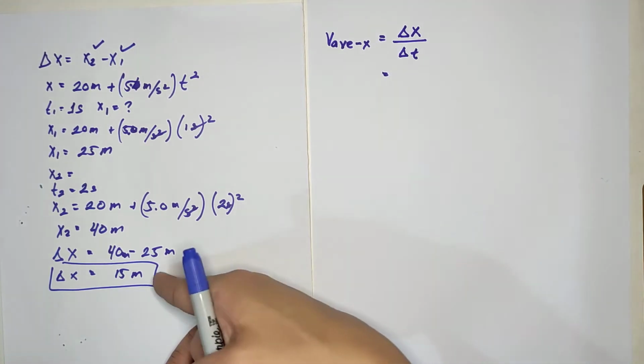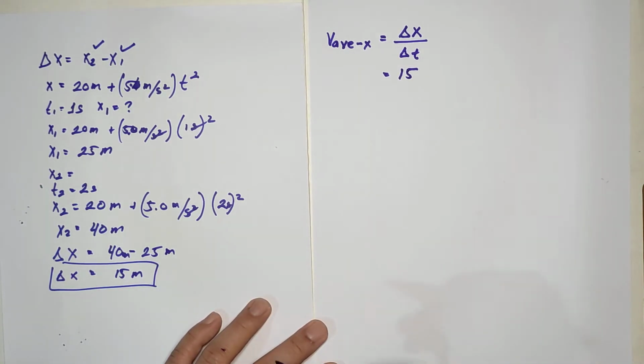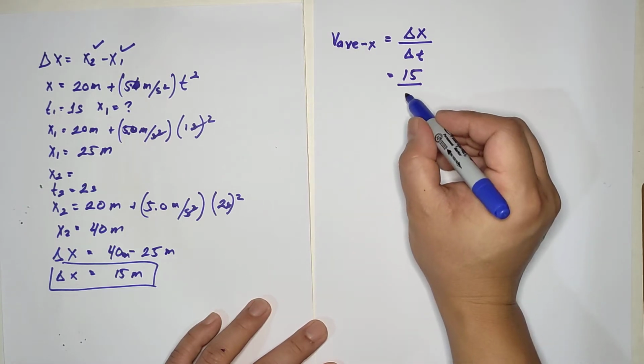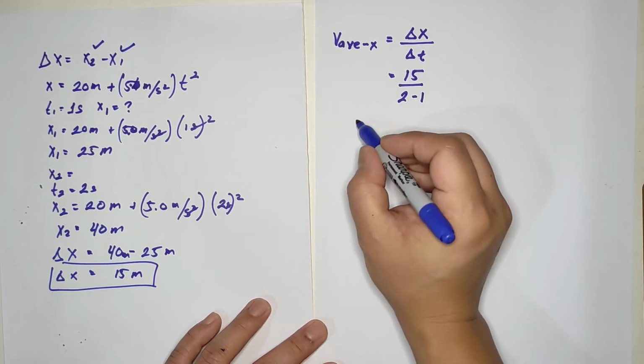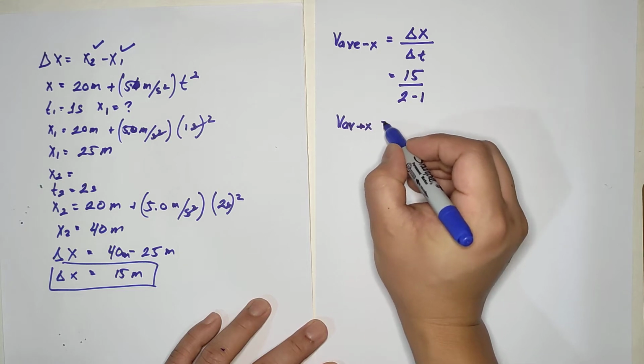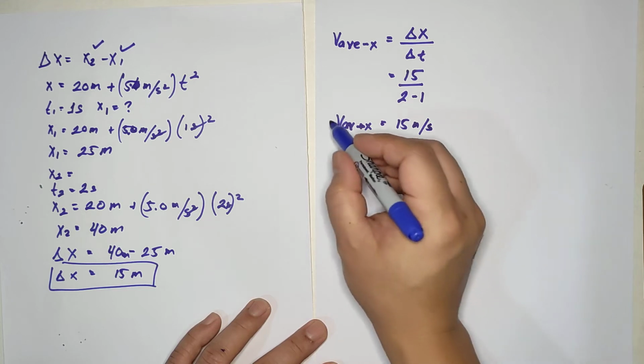Your delta x, we computed that one. This is the delta x, that is 15, divided by t2, that is 2, minus t1, that is 1. So your average velocity would be 15 meters per second.